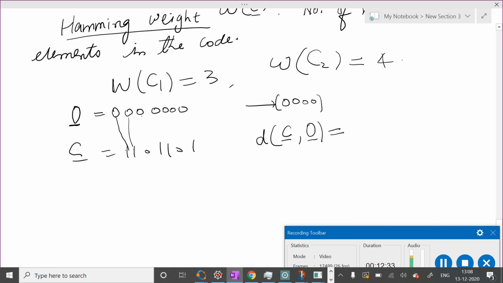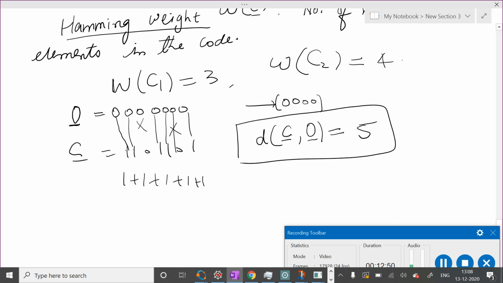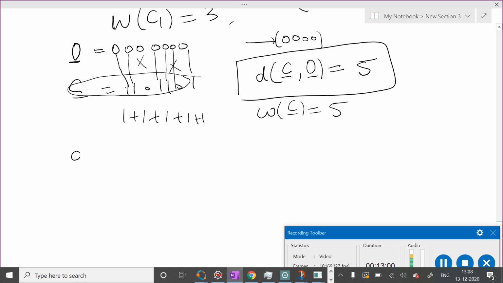It differs here too. It is same here, so 1 plus 1. Then differs here, plus 1. It differs here, plus 1. Same. So this is 5. And the Hamming weight of this C is also 5, because there are 5 non-zero elements in C. In other words, the Hamming distance between any code and the 0 vector is the same as the Hamming weight of the code vector.